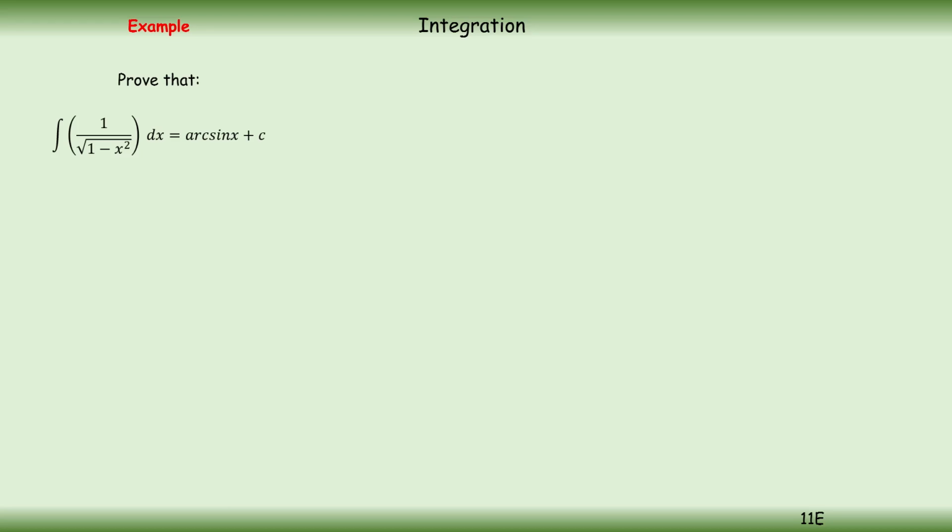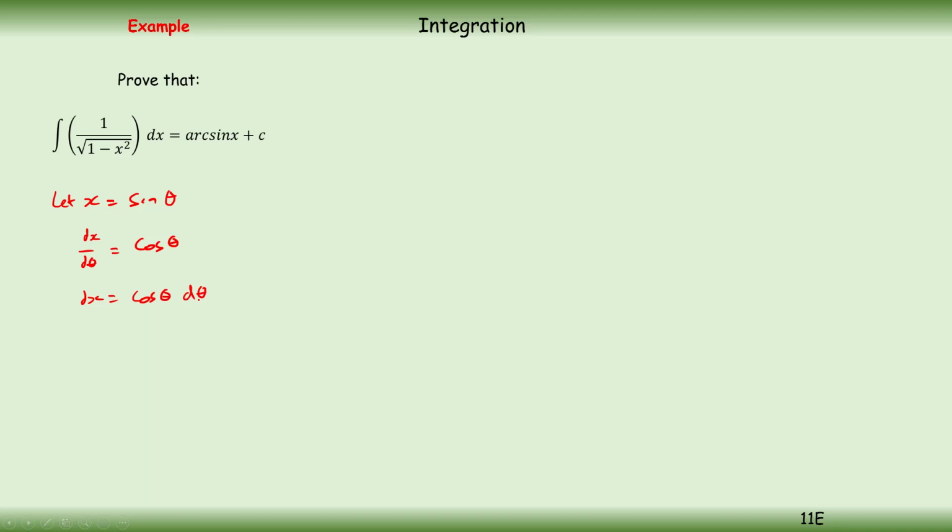So we're not given the substitution, but with practice and your great knowledge of trig identities, you'll be able to spot that the substitution should be, we let x be equal to sine of theta. So if we differentiate x with respect to theta, dx over d theta, we get cos theta. So we can say that dx is equal to cos theta d theta.